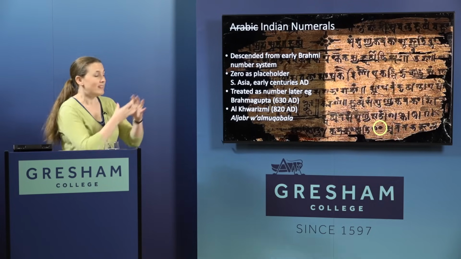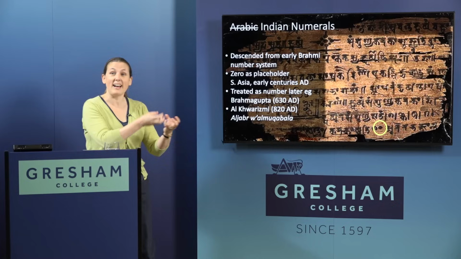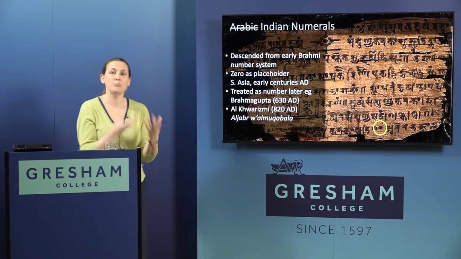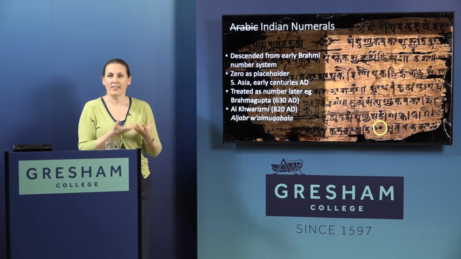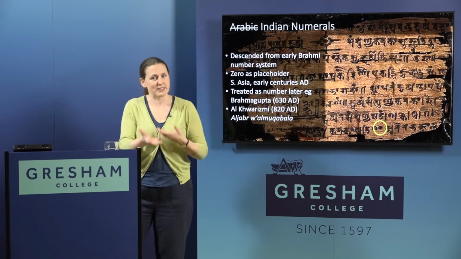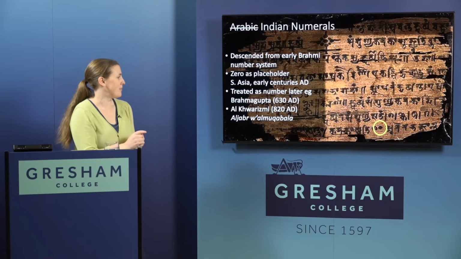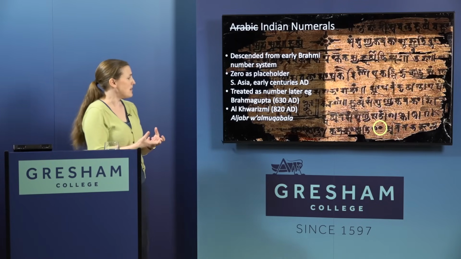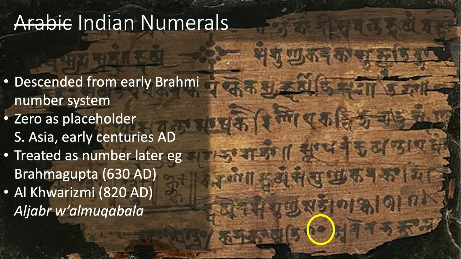Al-Khwarizmi found out about these symbols and about how they were being used in calculation as well. It's not just the symbols, it's a new method of calculation that doesn't require counting boards or an abacus. So these symbols were brought into Arab mathematics at about this time, and Al-Khwarizmi wrote a book about these new symbols and the Hindu mathematics.